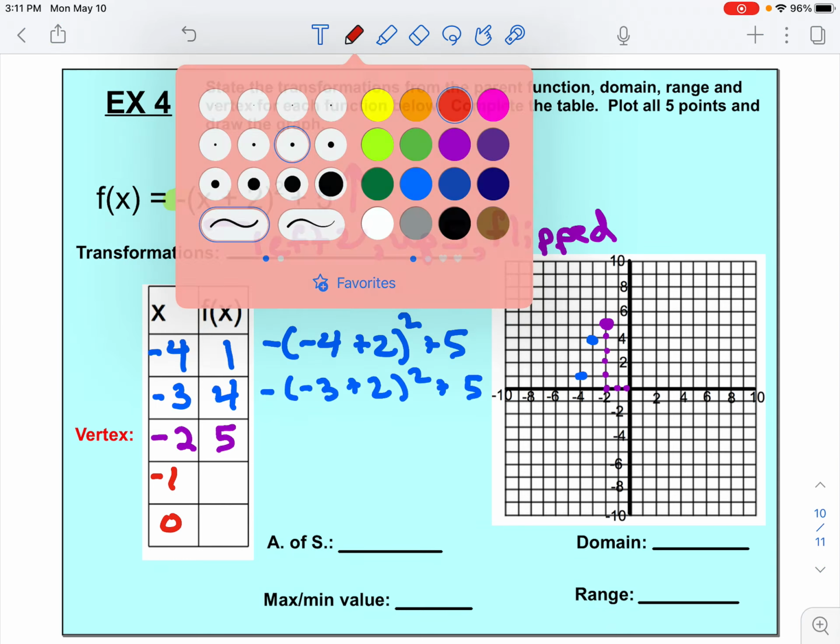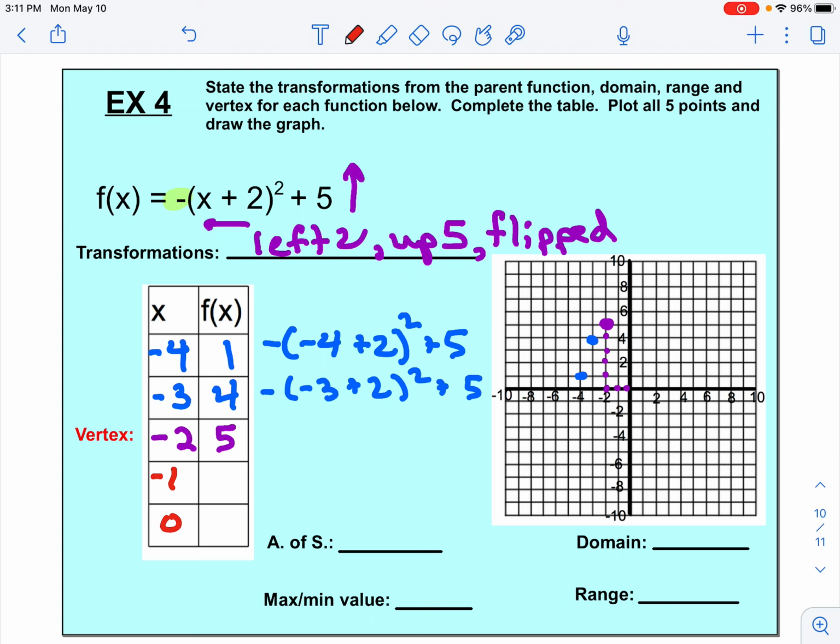Okay, now let's work on the other points. We would put in the opposite of negative 1 plus 2 squared plus 5. And that should also give us 4. So negative 1 is also 4. Again, notice how those are the same distance away from that axis of symmetry. Okay, that's going right here.